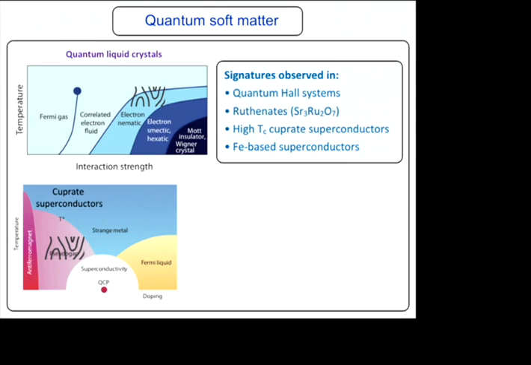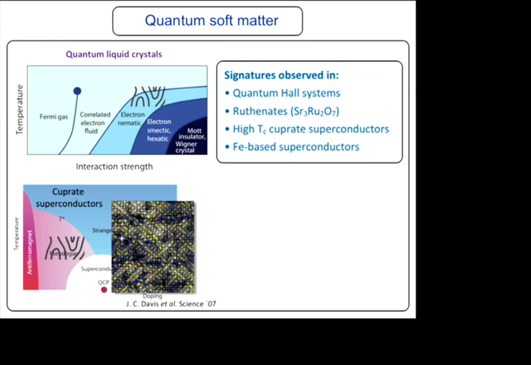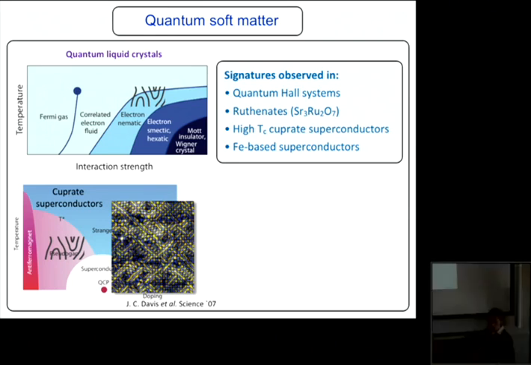So here's kind of a canonical diagram for a cuprate superconductor. You have a strange metal up here, which is strange, and not quite Fermi liquid behavior. And then you have the pseudo-gap regime. And in this regime, many experiments, say STM experiments, show that you get Z2 symmetry breaking in the conduction of the electrons on top of the point group of the underlying lattice structure.